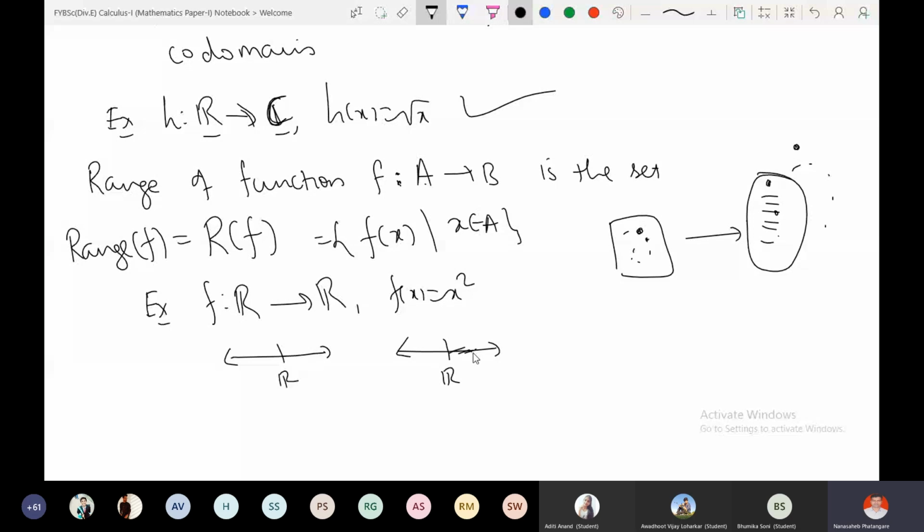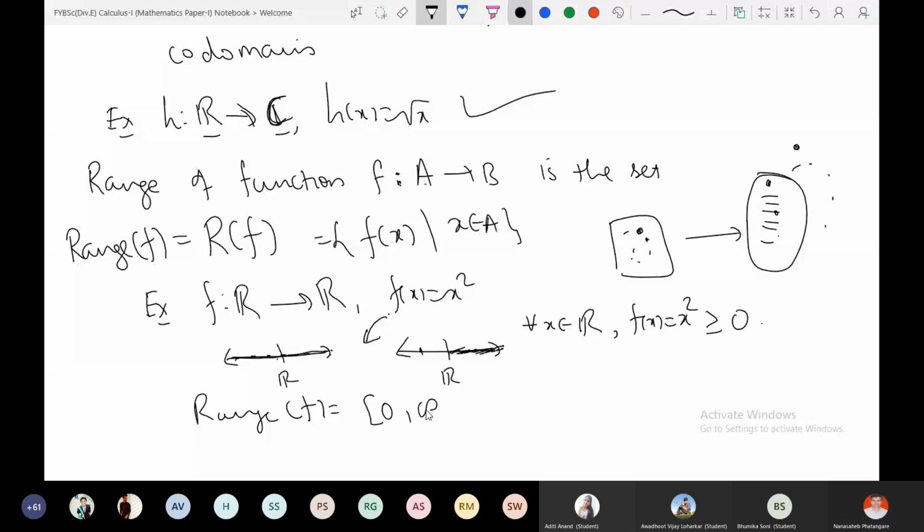For every x in R, that means for every bullet in the domain, if we apply the function, we get the square, and the square is always greater than or equal to 0. If you fire these bullets with this gun, f(x) equal to x squared, where will they hit? They will hit on the positive side. No bullet will hit on the negative side. So the range of this function is the positive side, 0 to infinity.